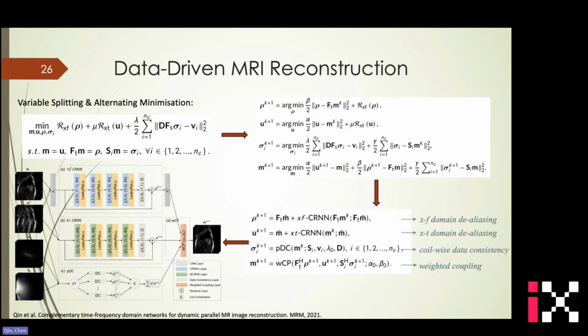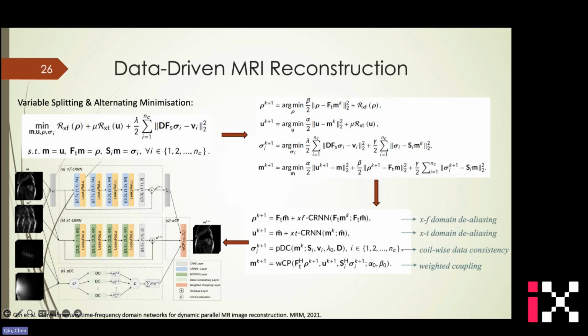So similarly to what we have just introduced, the idea was to model these regularization terms in a deep neural network and embed those closed-form solutions in an explicit way in the deep neural networks. To have a better look at this, the first equation, as we mentioned, is the XF domain, the spatial frequency domain.